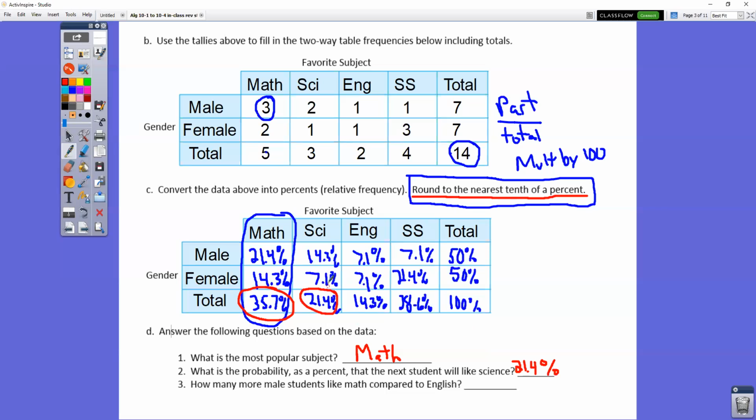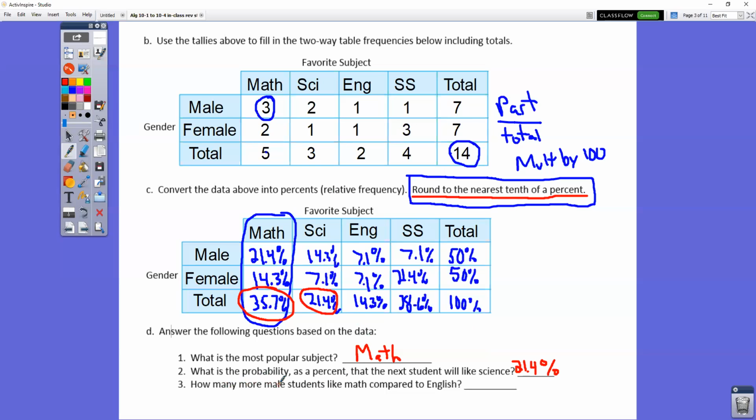Be careful. If it said males who like science, we would have to look at this individual square. Females, this individual square. We really need to be careful of what we're doing here, because then we might have 2 out of 7, not 2 out of 14. We might have 1 out of 7. It all depends on how the problem is worded.